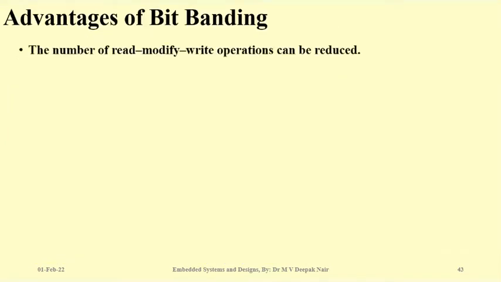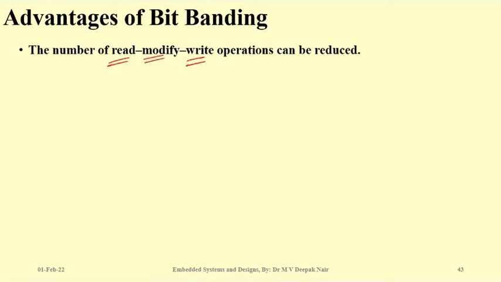So what are the advantages of bit banding? This was one asked in the last class also. Remember, in ARM architecture, it follows this particular approach: read, modify, and write operations. So there are three operations that take place: read, then modify, then write.